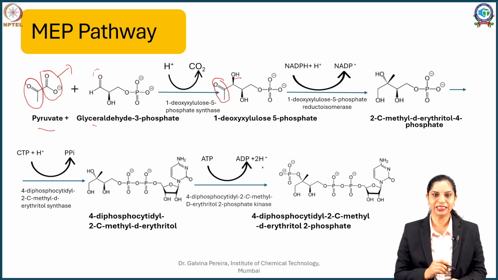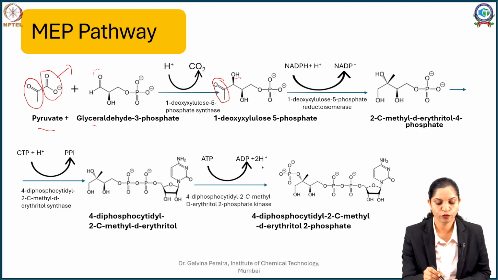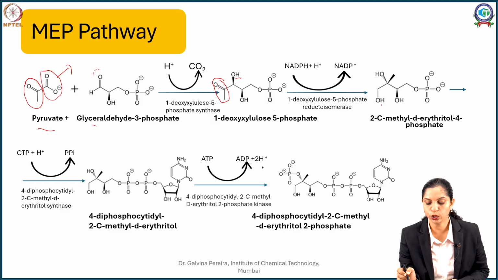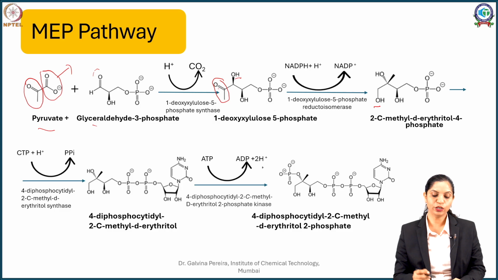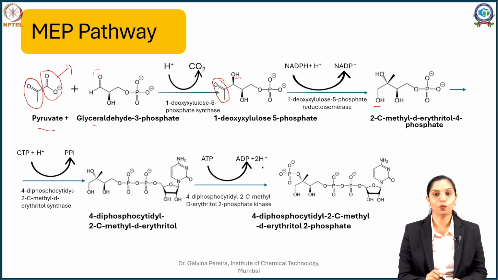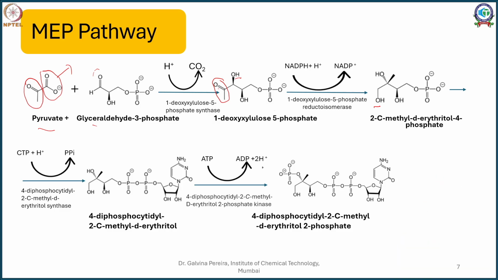Now once this synthase is involved, in the second step it undergoes reduction as well as isomerization. So reduction of what? If you see here, there is a ketone. This ketone gets converted into alcohol. So you have a reductase and you also have an isomerase. Now where is the isomerization occurring? You have a methyl here.